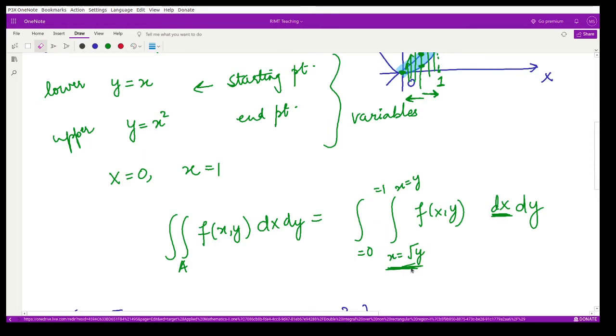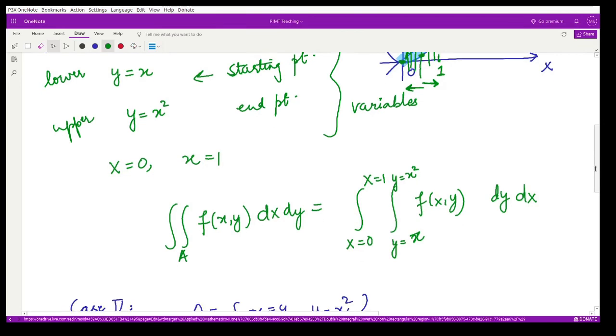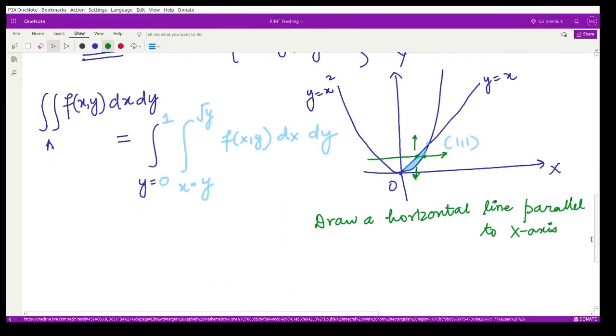Here you write the limits of y first and then x. So y varies from x to x square, and x varies from 0 to 1. So these are your limits, and this is how you can compute the limits.